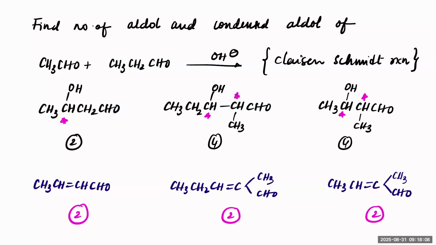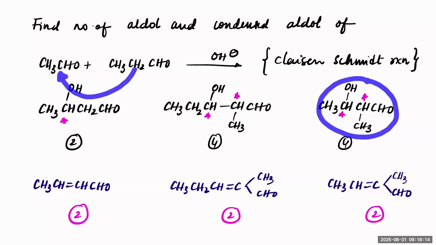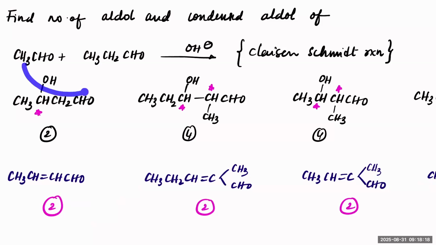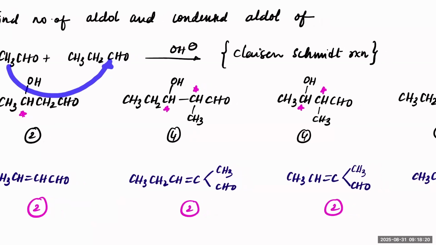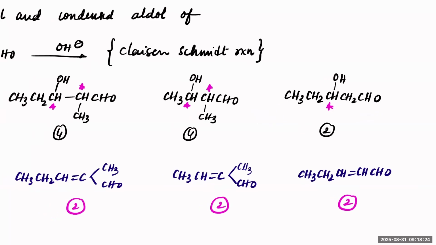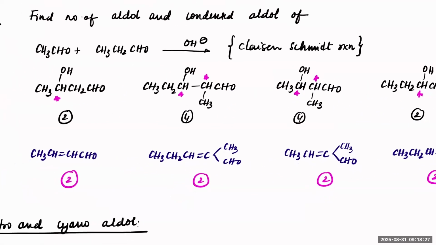Now if you see the cross aldol, that means this CH2 is connecting here, imagine. So you will get this one. And lastly, if this CH2 is connecting here, then I will get this one. As the aldol has formed, in the first case there is one chiral center.